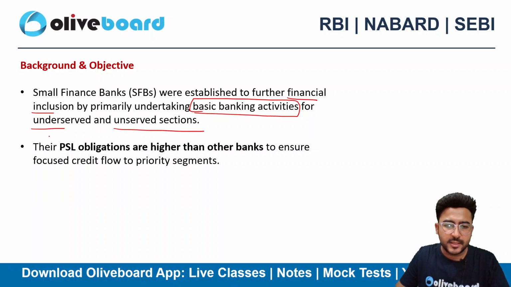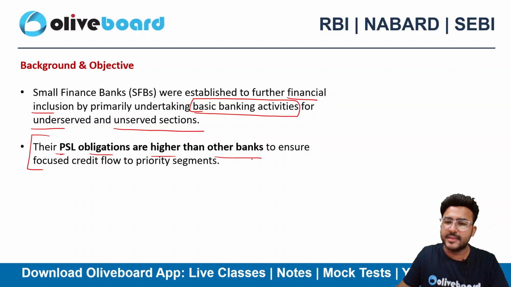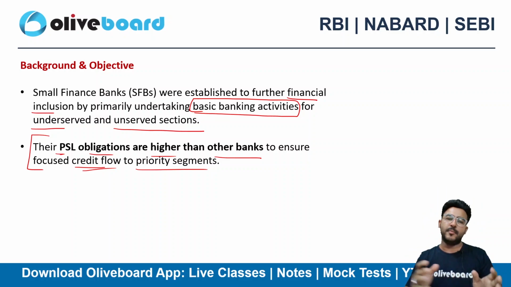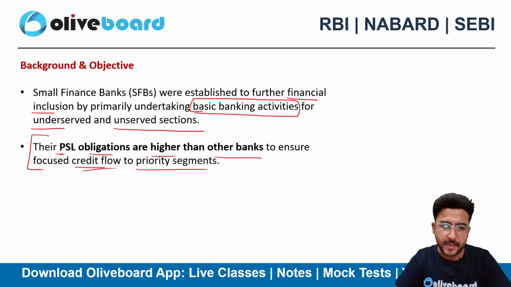So their priority sector lending obligations are usually higher than the other banks. Why? To ensure focused credit flow to priority segments.